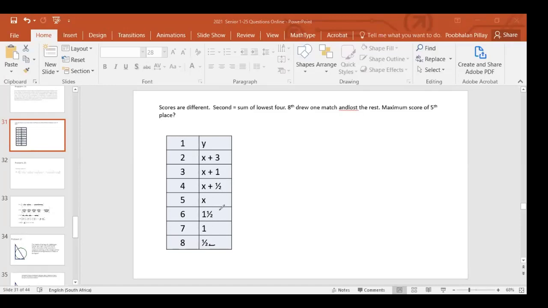So we will try to make all the numbers as small as possible in order to get the largest value for X. That's very important, because we know that all 8 numbers add up to 28.